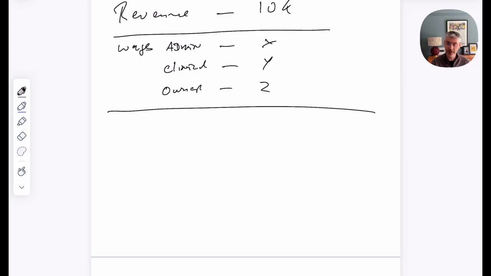Now I might pay myself 10,000 a month, but that's not what goes in. What goes in here is what the cost would be to replace yourself. And be realistic, okay? If you have a good system, you can probably replace your clinical work with somebody who maybe isn't as experienced as you are.